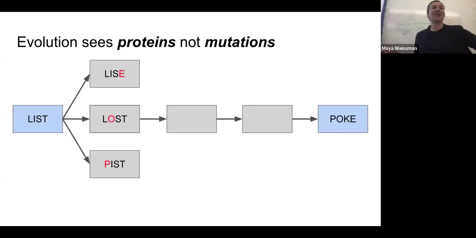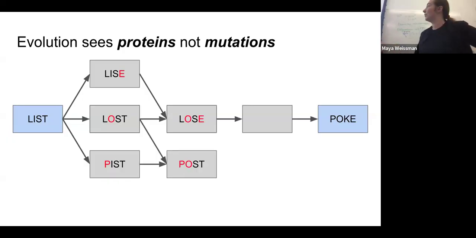Or actually no, pist isn't a real word, but lyse is a real word from chemistry. But whether or not you went from lost to lose, either way the next step is the same, you could go to lose. You could also go to post or like.